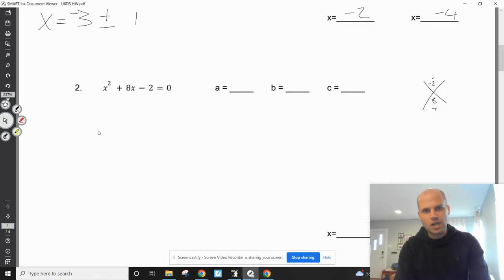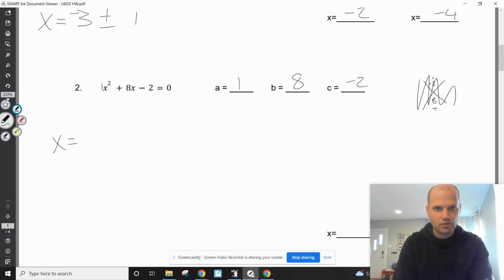Okay, let me use the other technique. A is the number that comes before x squared, b is the number that comes before x, c is the number here. Let's use the quadratic formula, but the one on the right. So we get x equals the opposite of b plus or minus the square root of b squared minus 4 times a times c, all over 2 times a.